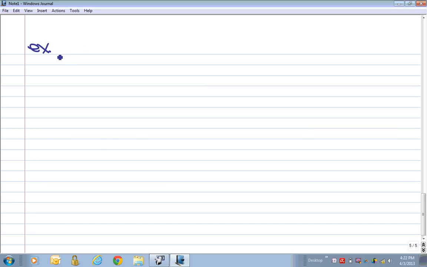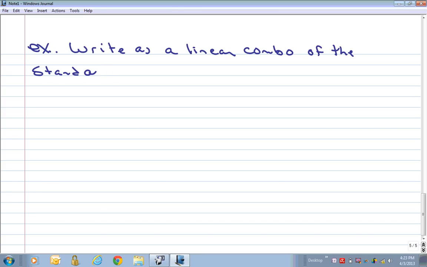I'm going to write as a linear combo of the standard unit vector I and J. Okay, now I'm writing all these words out and using the terminology because that is what will throw you off, and you have to practice quite a bit to be comfortable with this notation.